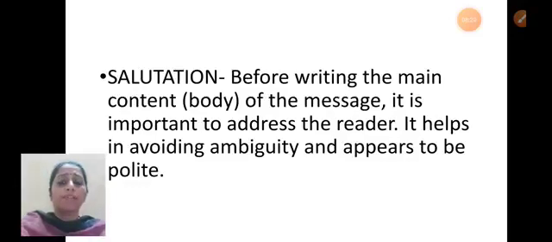For example, if you want to convey a message, but you don't write the name of the person to whom you want to convey, that person will not understand that the message is meant for him or her. So it's very important to write down the name of the person. Name of the person doesn't mean you'll write your mother's name.